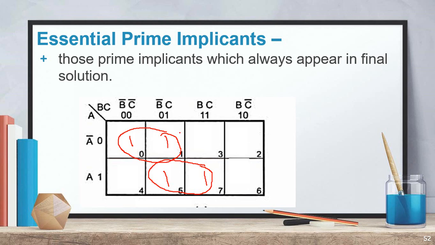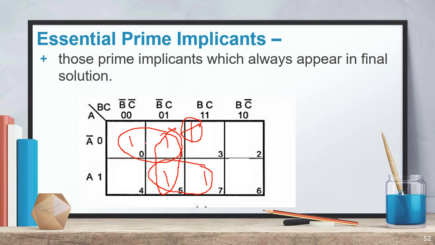Usually when minimizing a Kmap, this 1 and 5 group we are not taking. Why? Because it is an overlap and there is no single 1 present here; both the 1s are present in some other group. So this is not considered when simplifying the Kmap.